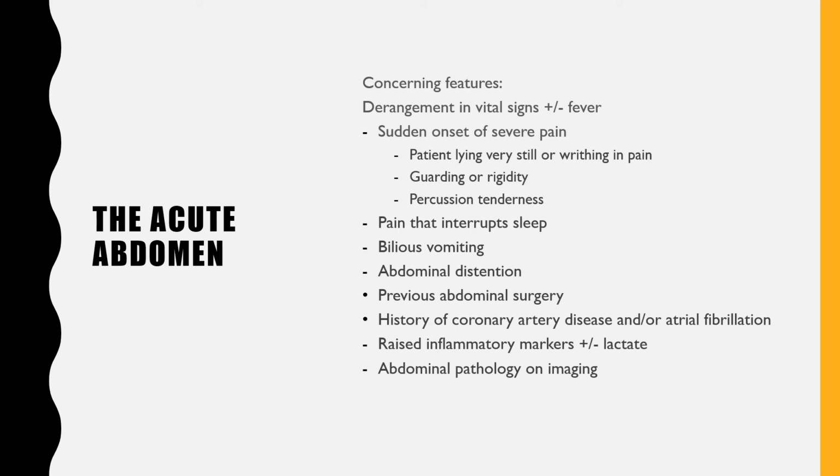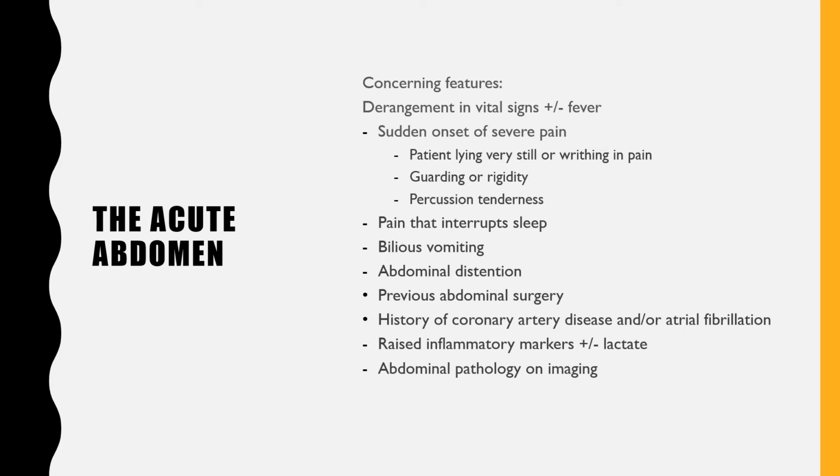In terms of the acute abdomen, there's some specific features that you might elicit from your history, examination, and investigations that would make you more concerned. And it's important to be aware of these so that you can appropriately triage how urgently things need to be done for this patient. So any kind of derangement in vital signs and fever is something that's concerning, that may indicate some kind of inflammation, sepsis, hemodynamic instability.